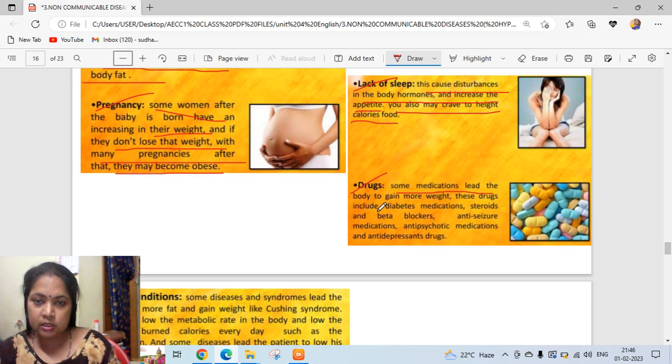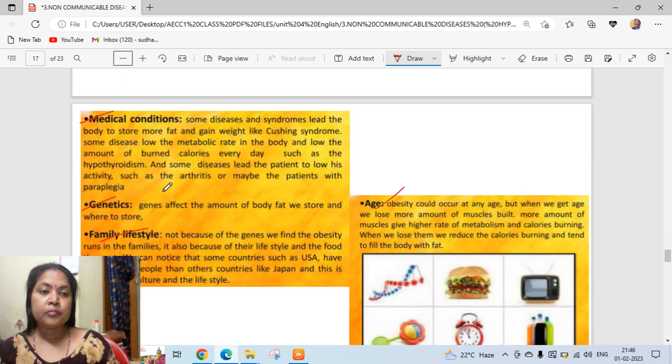Okay, and drugs: some medications lead the body to gain more weight, and these drugs include diabetes medications, steroids and beta blockers, then anti-seizure medication, then antipsychotic medications and antidepressant drugs, okay. Then medical conditions. Some diseases and syndromes lead the body to store more fat and gain weight, like Cushing syndrome.